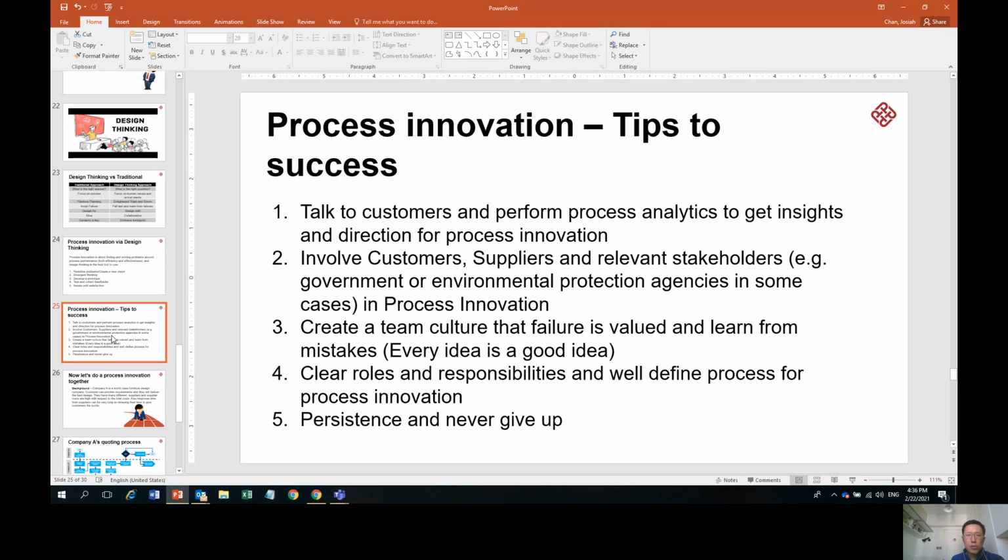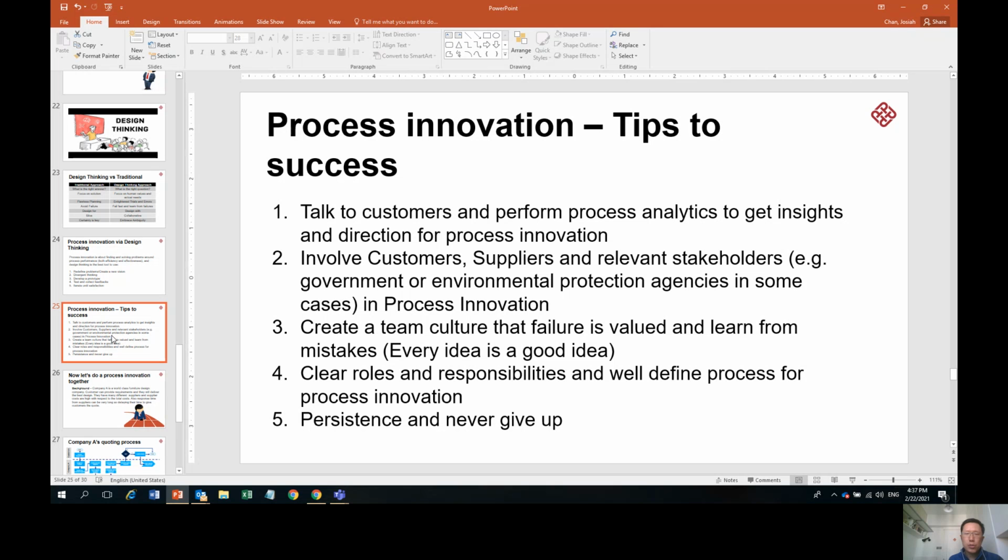The second thing is, of course, to involve all the stakeholders. Stakeholders are not limited to your customers and your suppliers. Sometimes your process will have an impact on the environment as well. Just imagine you are a manufacturing company. Your manufacturing process may be producing pollution to the environment.